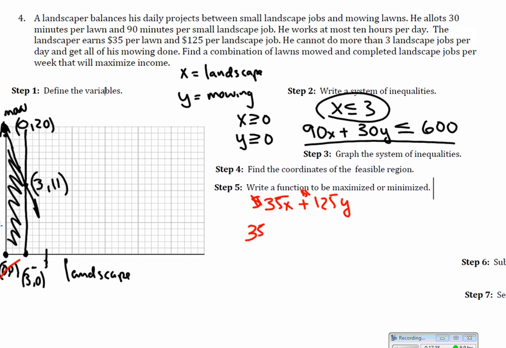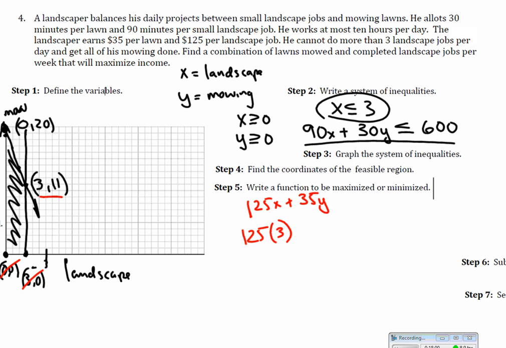So obviously this one's out by the fact that we have 3, 11, 3, 0 is out. So it kind of boils down to, oh, I flipped that around. Should be 125X plus 35Y. Anyway, that's where I'm at. Sorry about my mistake.